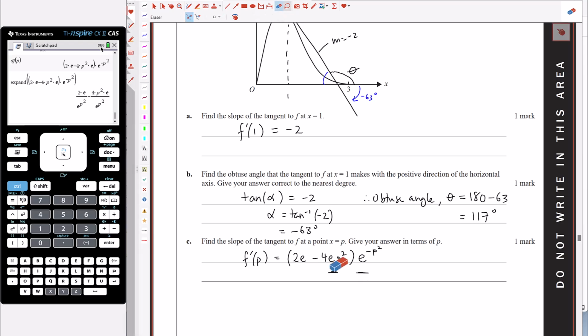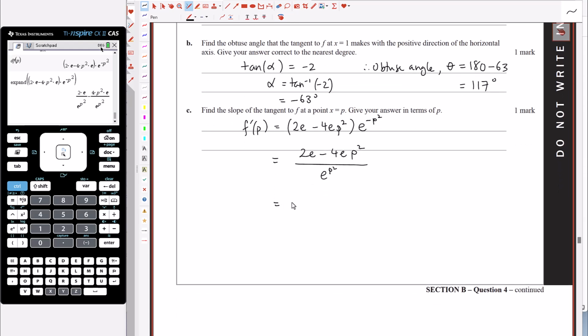So it's not very nice either way. But we could write it all over e to the p squared, however you'd like to write it. So we could choose to write it as 2e minus 4e p squared over e to the p squared. You might also choose to take out the 2e and have it as 1 minus p squared over e to the p squared. So all of those would be perfectly correct answers to this.